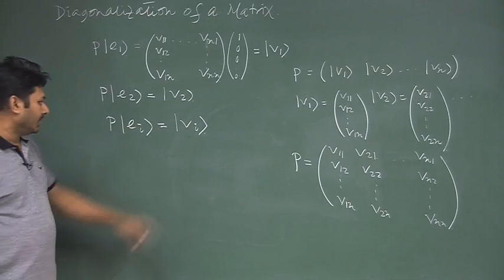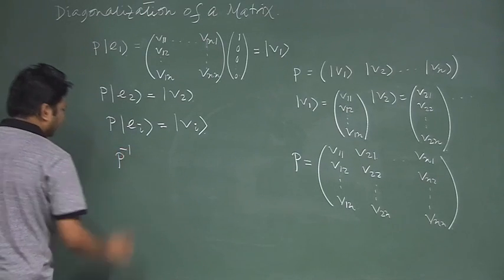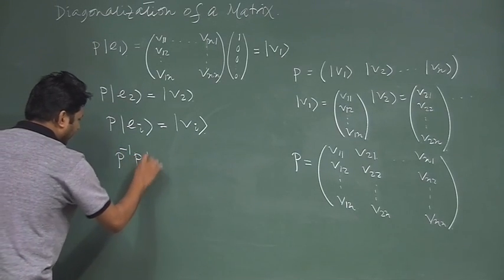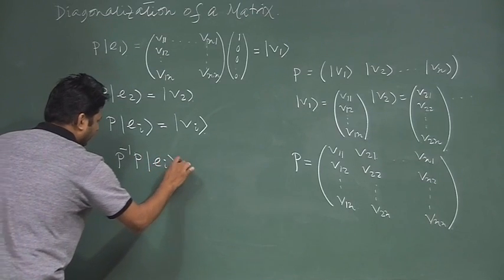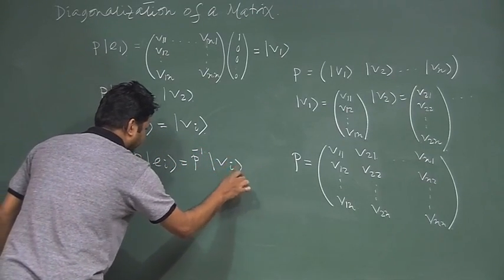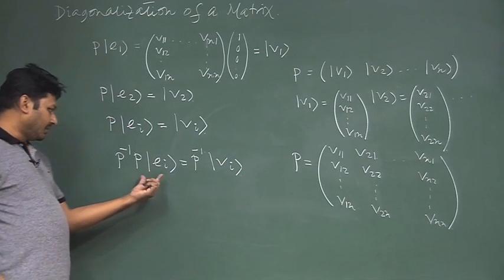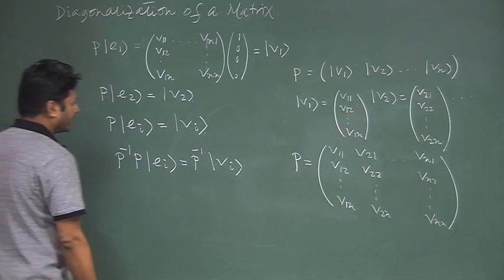Fine. Now another important thing: what is P inverse P ei, which is P inverse Vi? P inverse Vi comes out to be ei, which is also an important outcome.